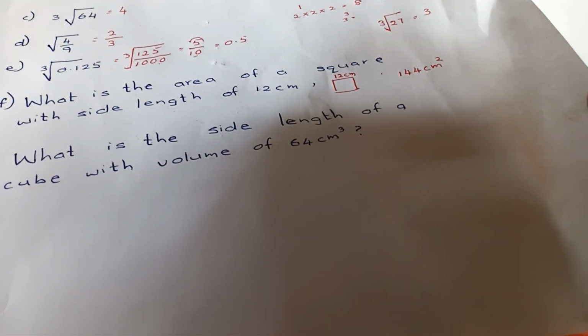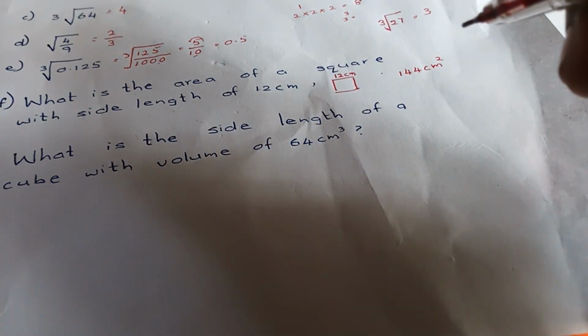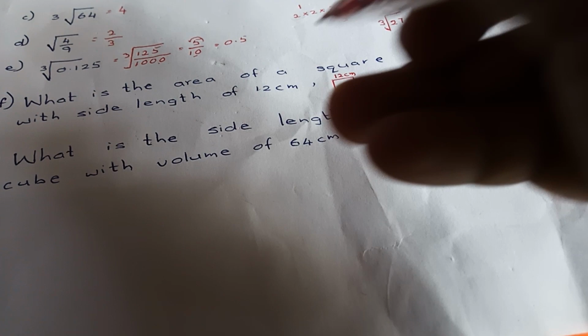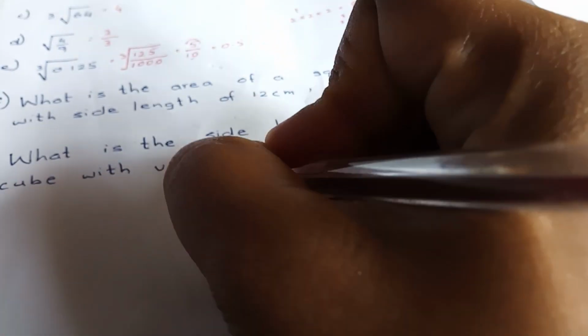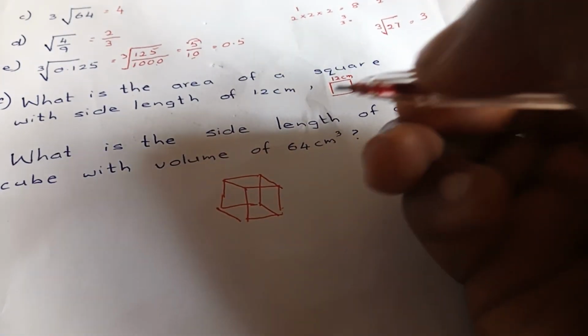The last question. What is the side length of a cube with volume 64 cubic centimeters? Now this time it's a cube. So how to find the volume of the cube? Length times width times height.